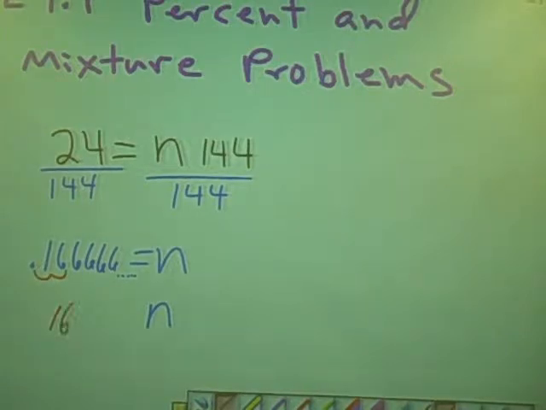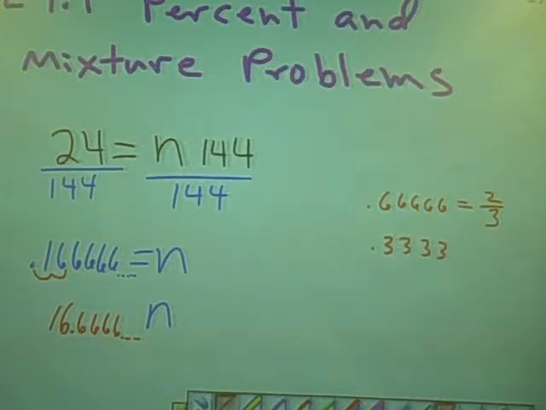So that's 16.666666, repeating. Well, 0.6 repeating is 2/3. 0.3 repeating is 1/3.